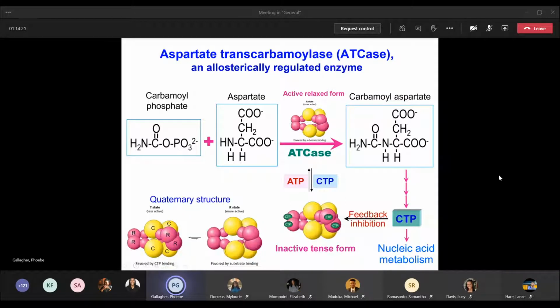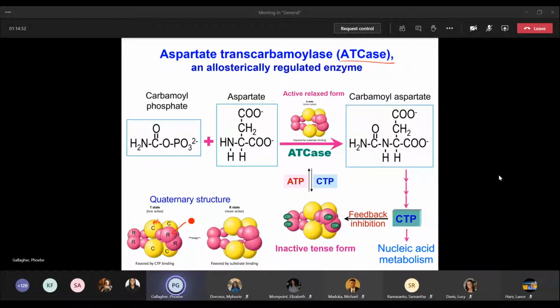Okay, so this is showing you the picture version of it. You'll see that the enzyme has a quaternary structure. I think she called it a dimer of trimers, but that's not super important. It has 4 subunits that are the catalytic sites, so these contain the active site. Then you've got these 4 regulatory units, and these are where your allosteric regulators are going to bind.